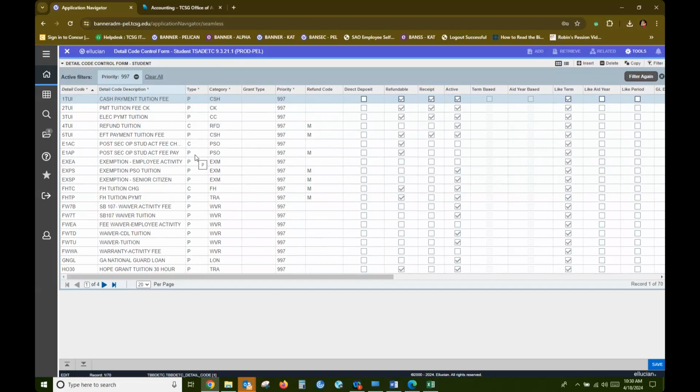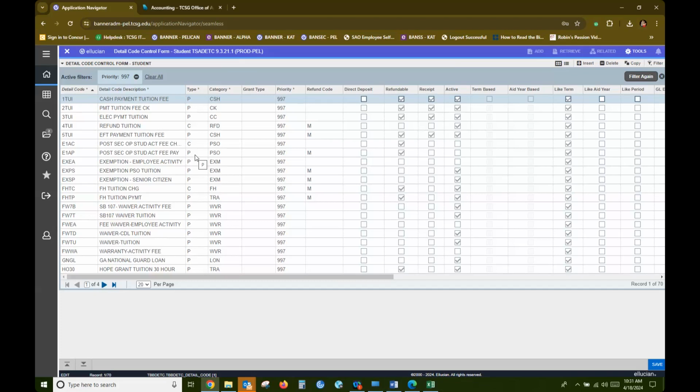It will not let you. It goes back to that little thing we talked about earlier called referential integrity. So this is what you would consider the parent form for the detail codes, and when you enter a detail code into TASREV, that becomes the child. If a child exists, you cannot delete the parent.